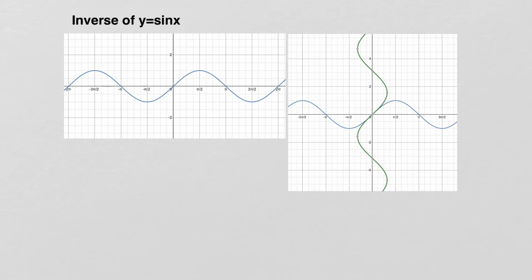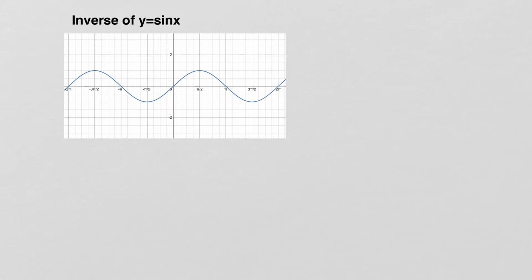So to make this work effectively, I need to go back to my sine graph, and I need to restrict the domain so that this will be one-to-one. If you think about that for just a minute, in order for this to be a one-to-one function, let's suppose we start down here. When we come up to this high point, we have to stop.